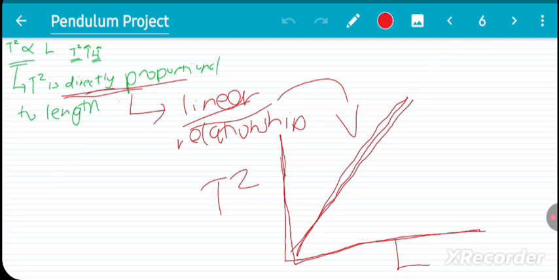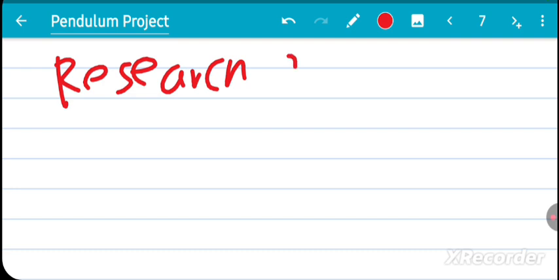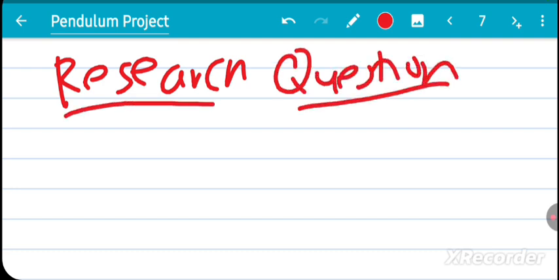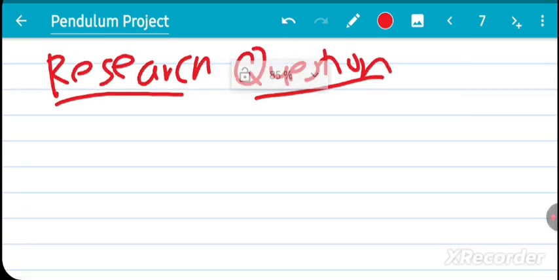Okay. Now we move on to the research question. The research question is a response to everything that we have covered in the theoretical background. We have learned some things in the theoretical background.